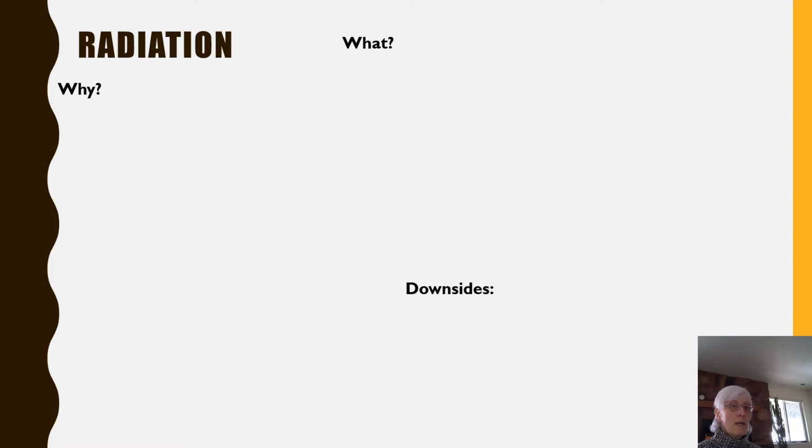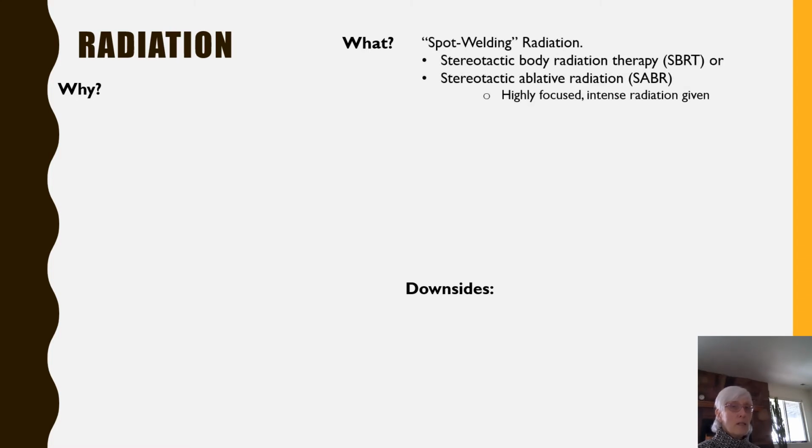There is a new type of radiation therapy that's called spot welding radiation. The second of those listed here, stereotactic ablative radiation, otherwise known as SABR radiation, is a highly focused radiation beam given for a short time.